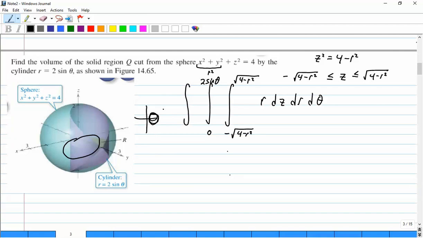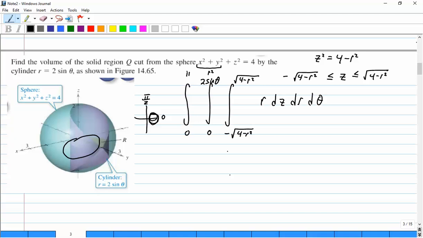If I did set that equal to 0, because that does intersect there at 0, you would get 0 and pi, but we're going to use symmetry and just integrate from 0 to pi over 2, and then say our answer times 2.